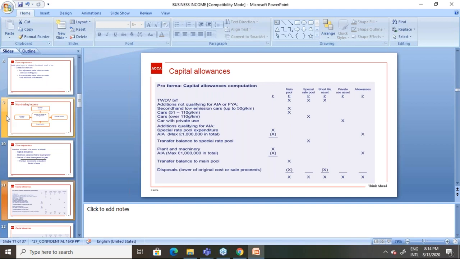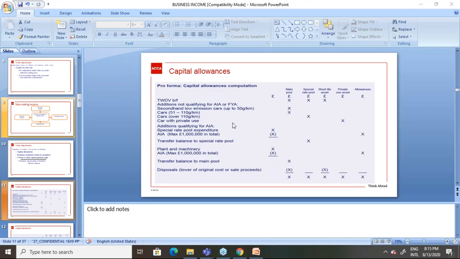Now, capital allowance computation consists of several principles. So there are different ways that you can claim capital allowances. There is something called annual investment allowance. Now there, during a tax year, if you have purchased plant and machinery, you can claim annual investment allowance up to 1 million.